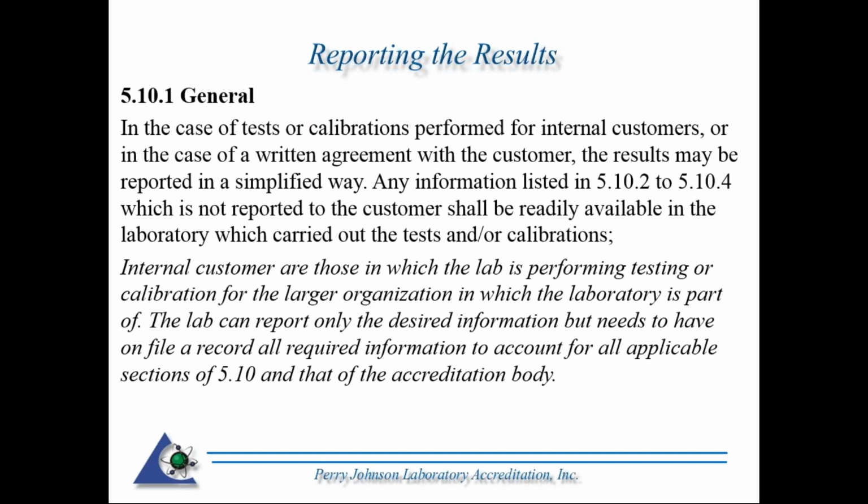You may have an internal calibration lab. The lab can report in a simplified manner. Bear in mind the simplified reporting alleviates the lab from having to report the information on the report or certificate. However, it does not alleviate the lab from having that information available.